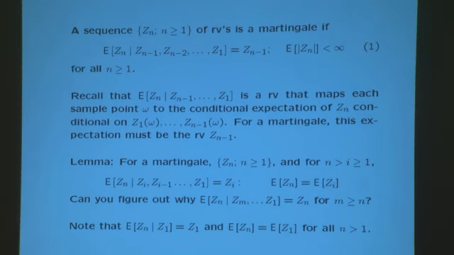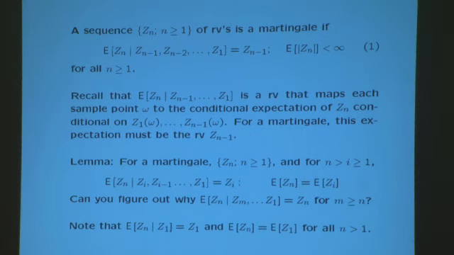And then last time we proved this lemma, a pretty major lemma, which says that for a Martingale, the expected value of Zn given not all of the past, but just a certain number of elements of the past, Zn conditional on Zi back to Z1, is equal to Zi.